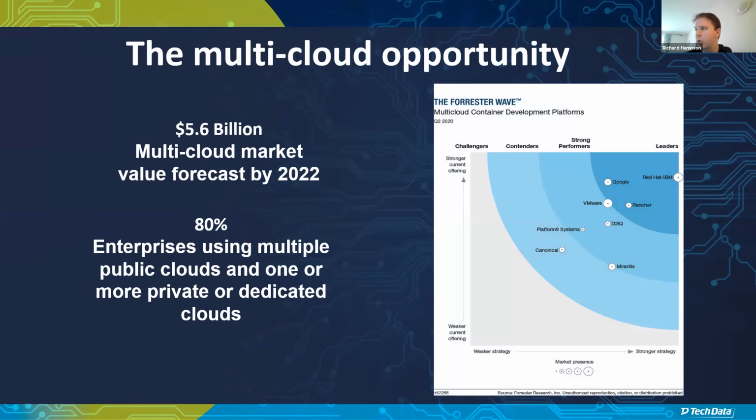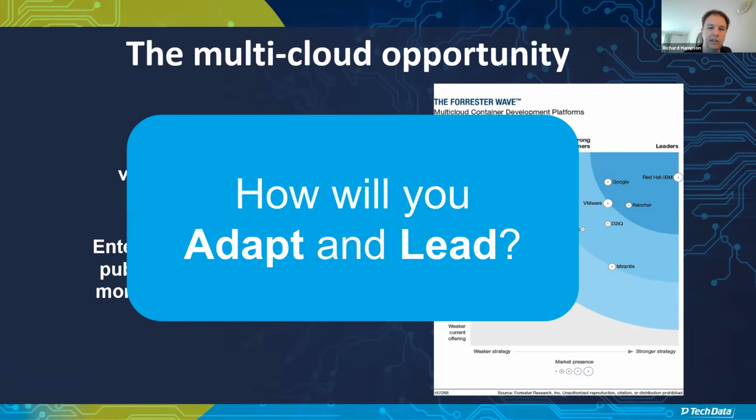To prove it, we always show the Forrester Wave, where IBM and Red Hat are absolutely positioned to take this to market. This is important when you're dealing with customers who are working with hyperscalers and competitive vendors to who we work with. So we created the project based on the mantra: how will you as a partner adopt and lead, adopt the technology that IBM is driving to market?